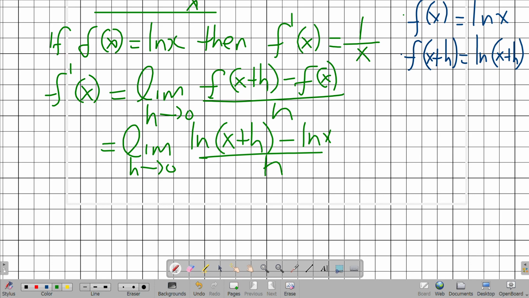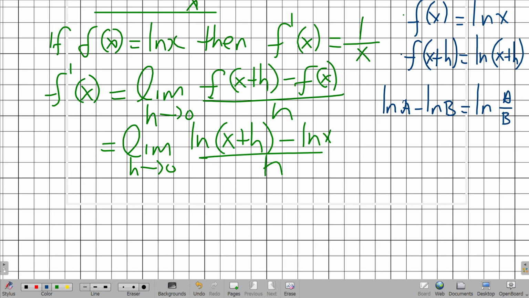We can simplify that by capitalizing on the log law that says natural log of a minus natural log of b is natural log of a over b. As a result, I'm going to have the limit as h approaches 0 of natural log of x plus h divided by x, all divided by h.